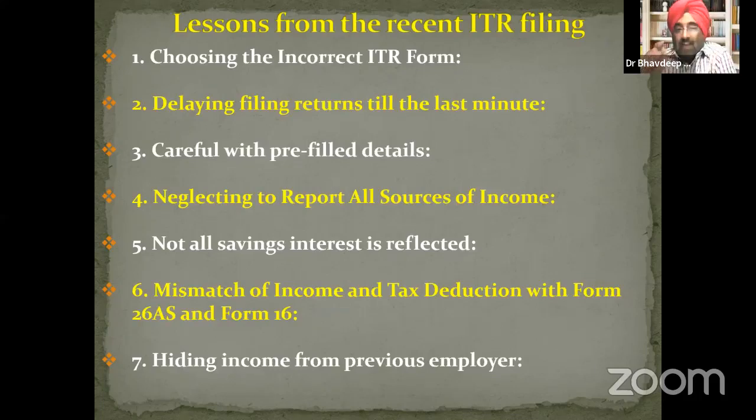Then mismatch of income tax deduction with Form 26AS and Form 16. This happened in my brother's case. He had some amount of 35,000 or so, on which TDS was not deducted, which was reported to be given to him in the month of May last year.